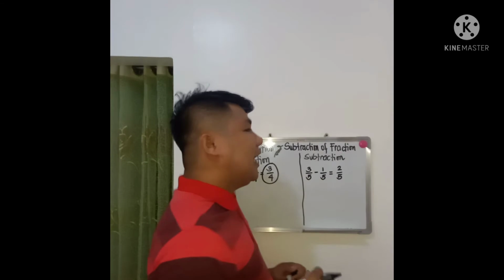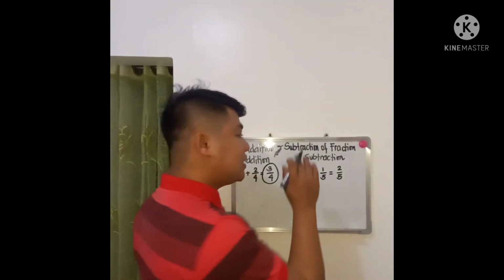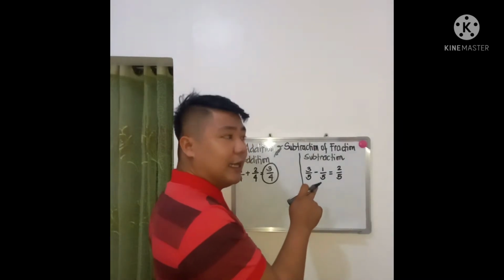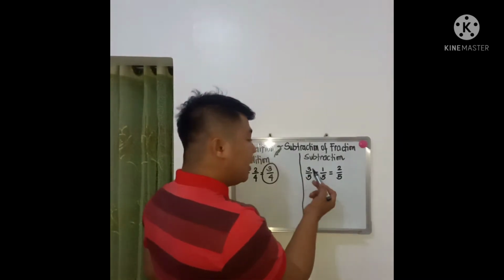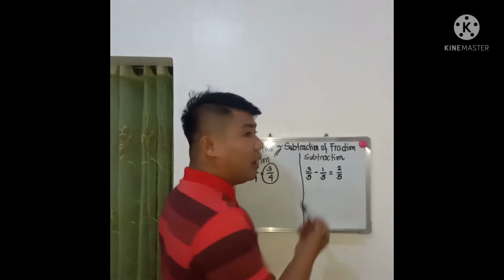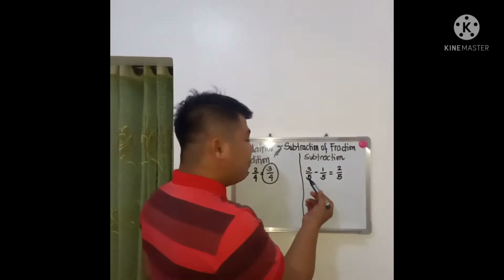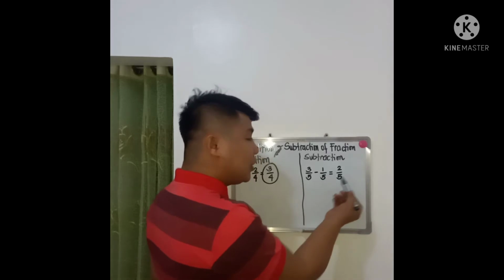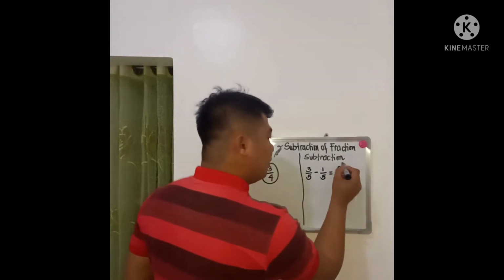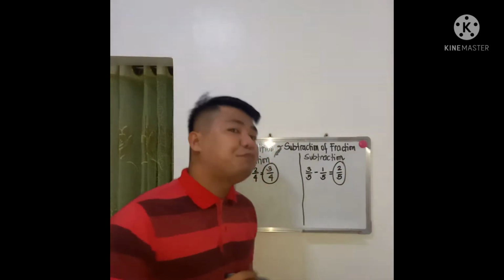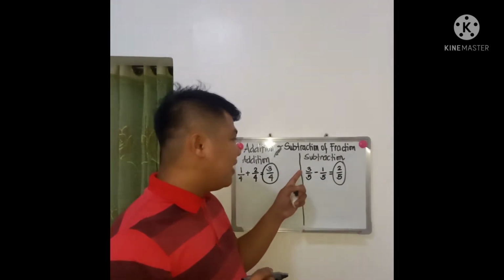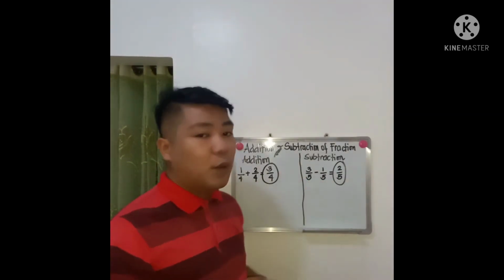Same as with the subtraction of similar fractions, we simply subtract the numerator, 3 minus 1, that is equal to 2, and then 5, simply copy the denominator. So you were able to get 2/5 as your difference of the fractions 3/5 and 1/5.